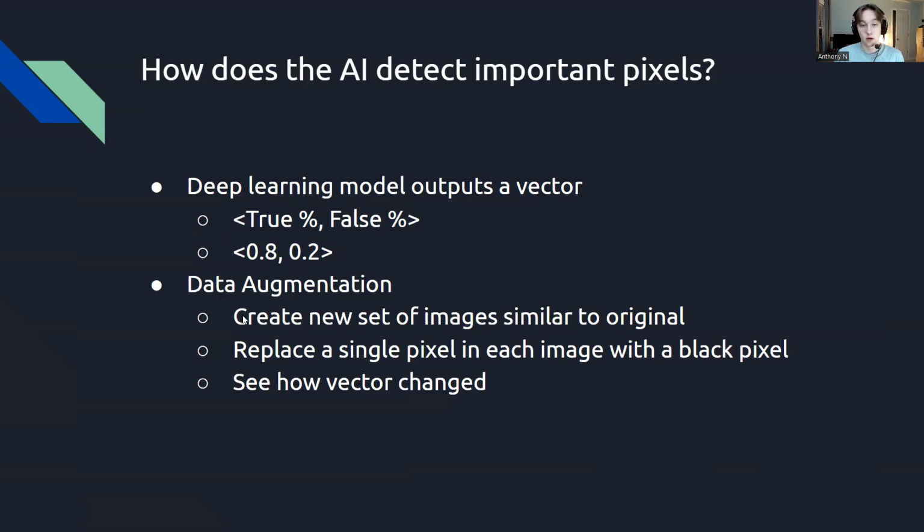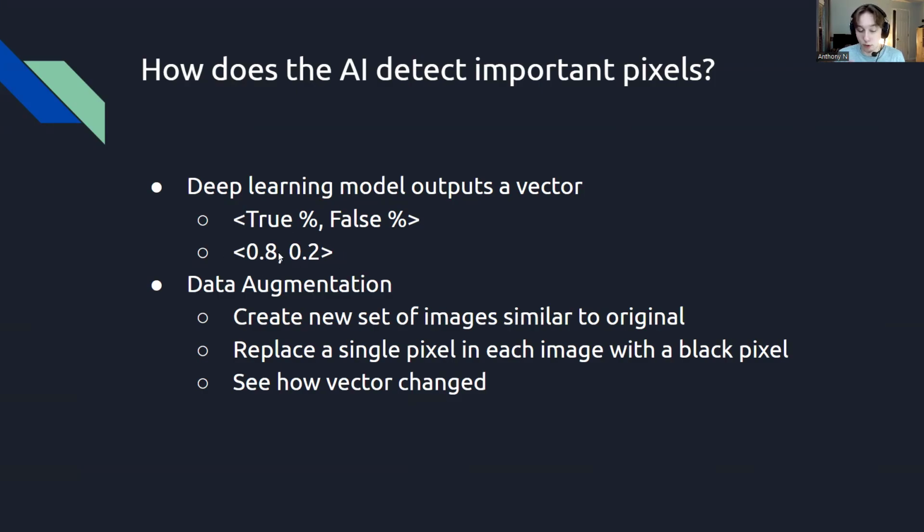Then what I would do from that point is use data augmentation to create a large data set of images very similar to the original image, except with slight augmentations. In this case, replacing a single pixel in each image with a black pixel. Then I would run this new set of images through my AI and see how the classification vector changed.